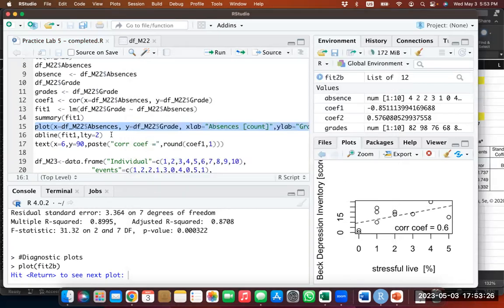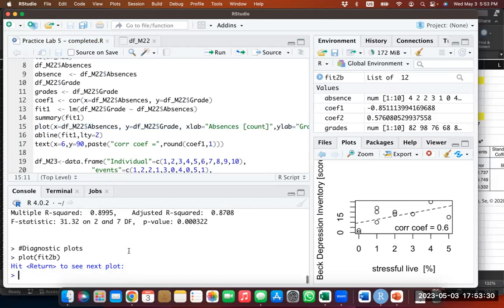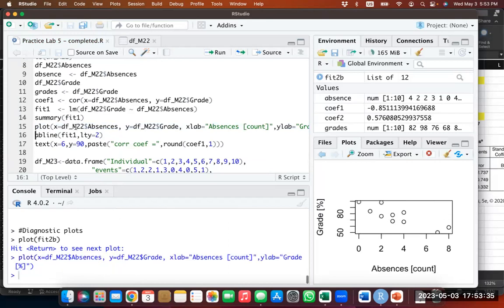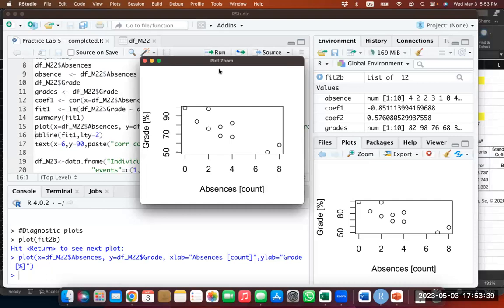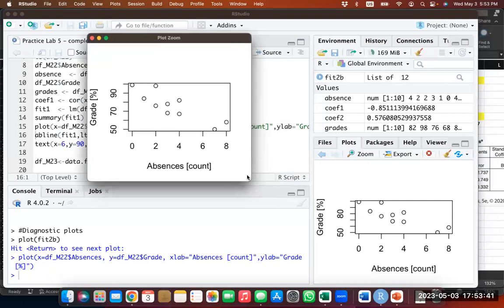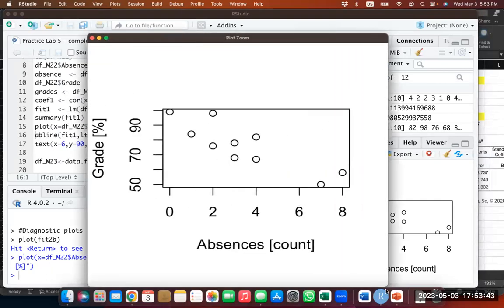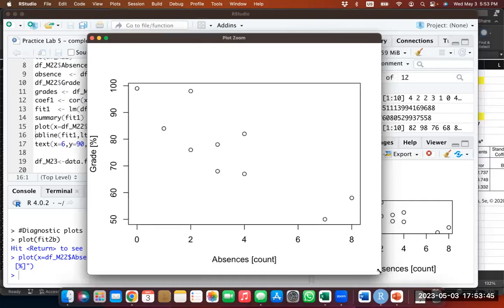Oh, that's the wrong one. Line 15 shows you the grade in percent as a function of the number of absences.